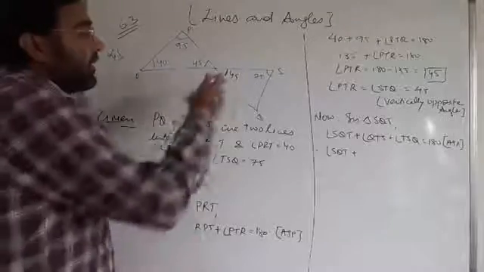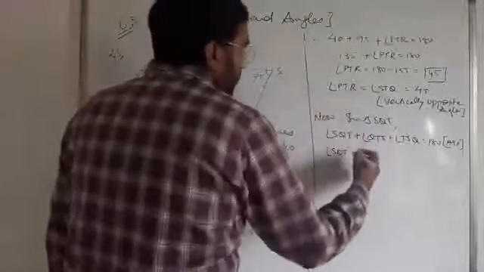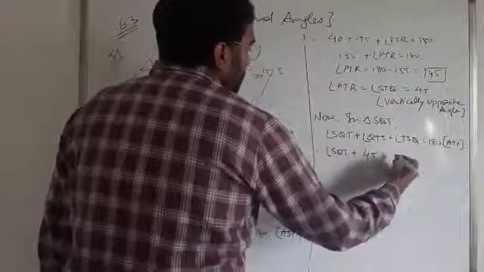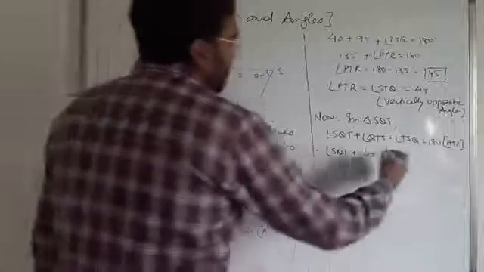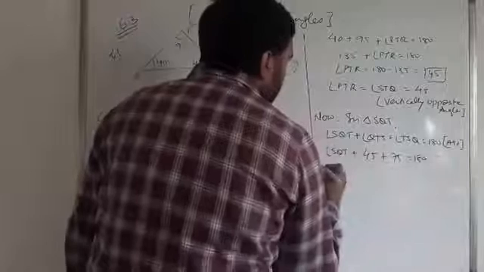So QTS is 45 degrees from here, plus angle TSQ, that is 75 degrees, which is given, equal to 180 degrees.